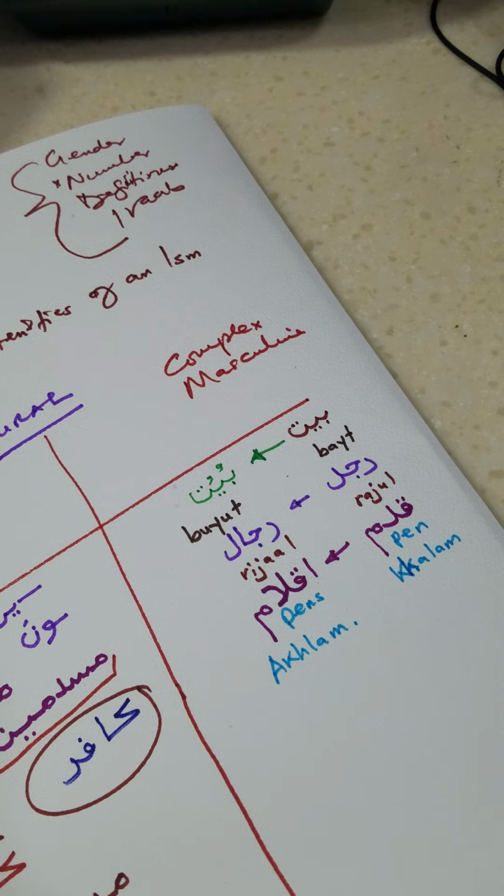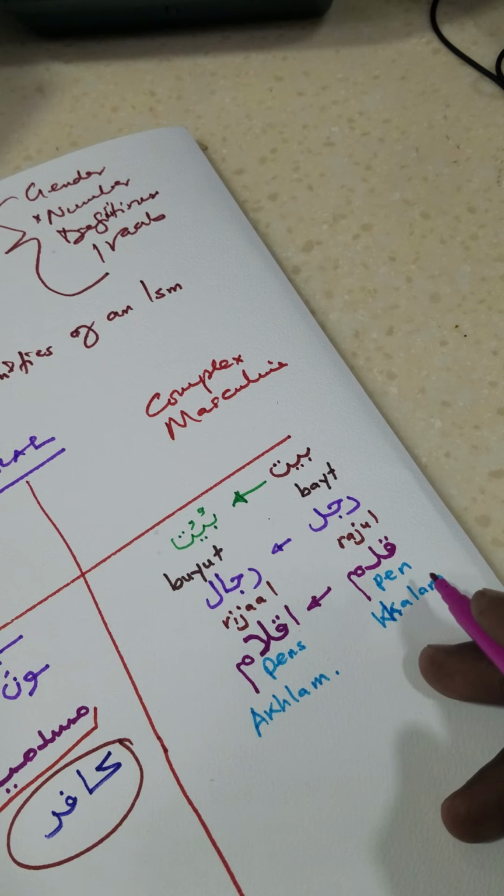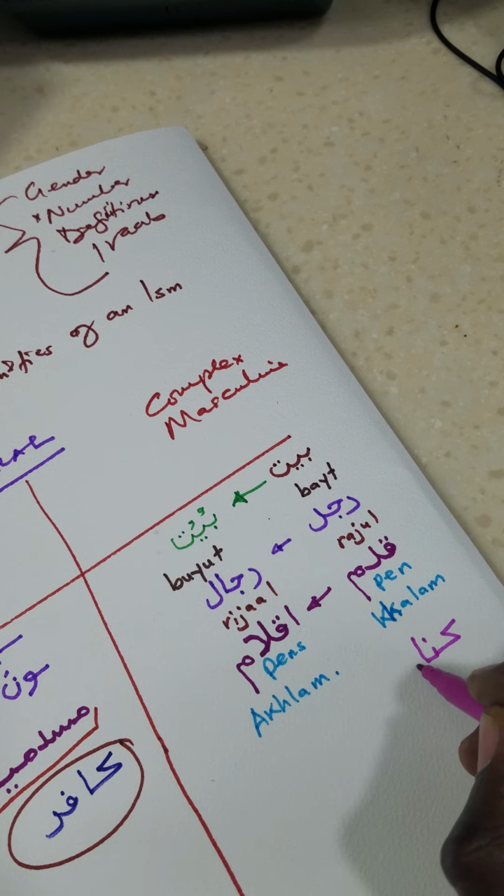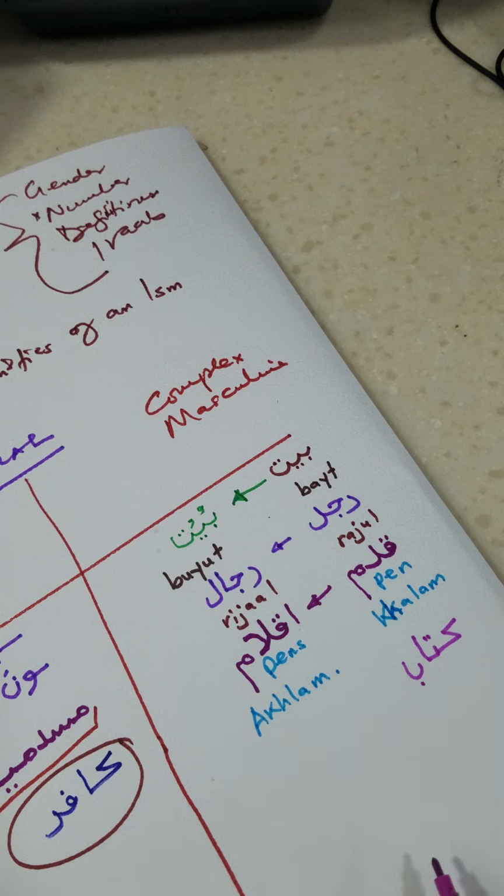We can look at the word book. A book is called kitab.